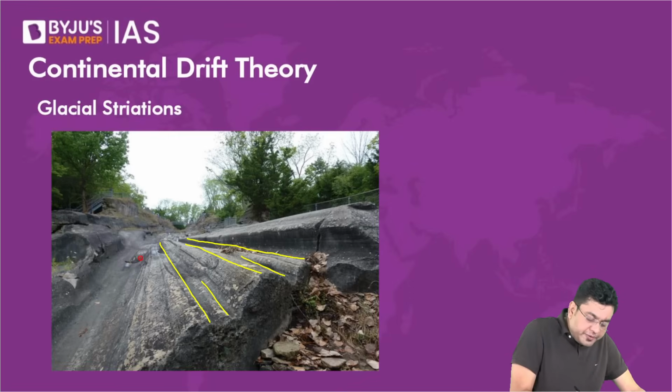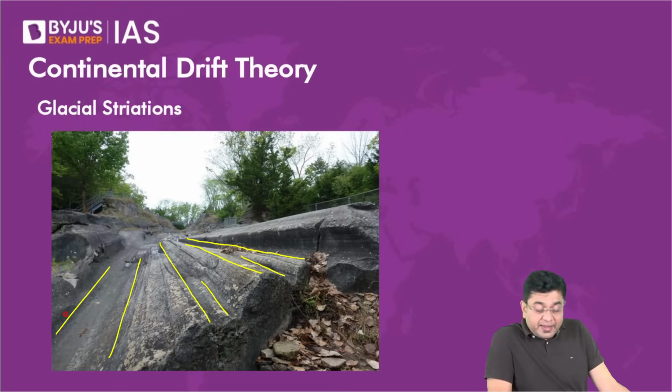Now, all of these carvings on the rocks can never be created by a river action. A river also erodes the rock, but not like this. A wind can never erode a rock like this. It can be carried out only by a glacier. So this indicates the presence of glacier in that region at some point of time in history.